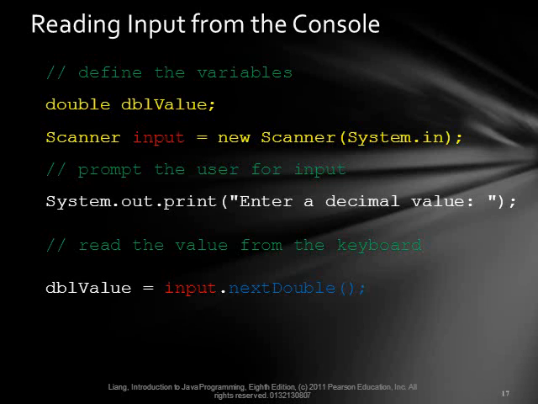We've seen this with system.out.println. We see it now with my object input dot next double. This syntax of using the dot notation, we identify the object by name, input dot, and then we tell it which method we want to use. So you have to remember that dot notation when working with objects.